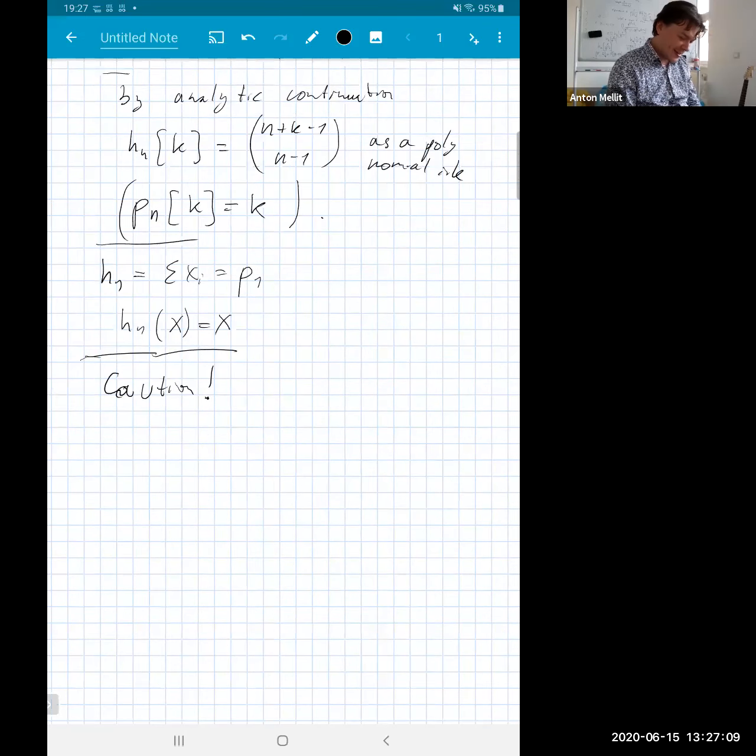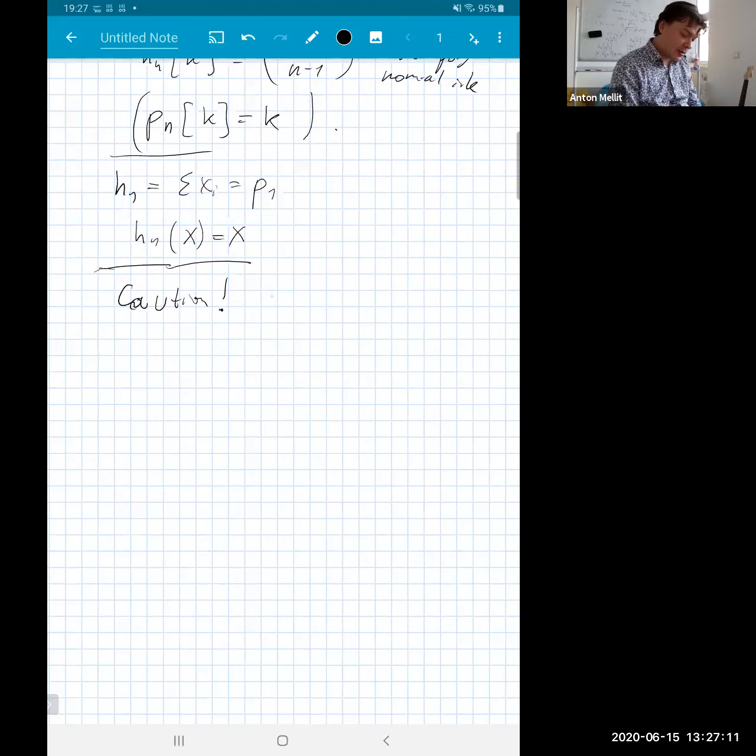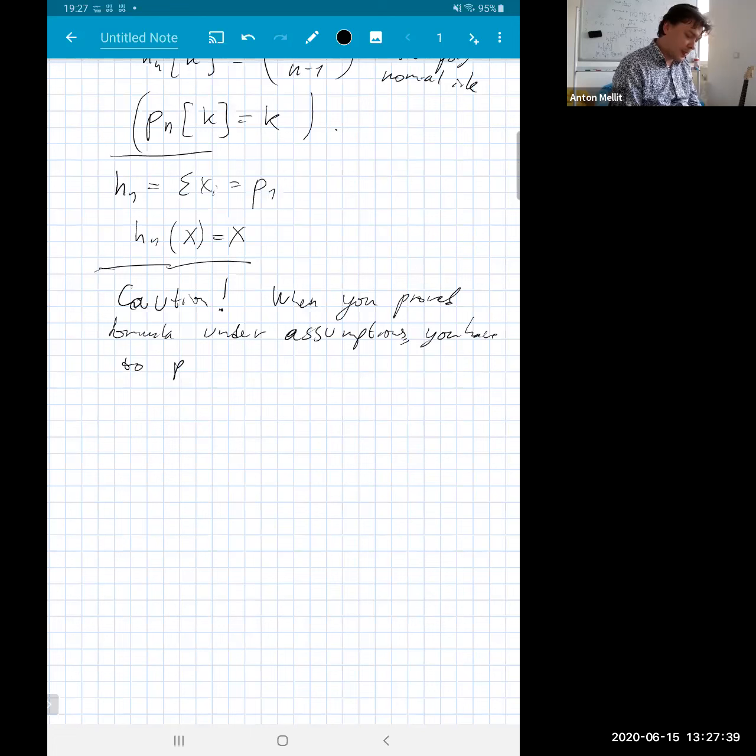So when you prove a formula under some assumptions, then you can only use it by substituting things satisfying those assumptions. So you have to plug in things satisfying these assumptions.